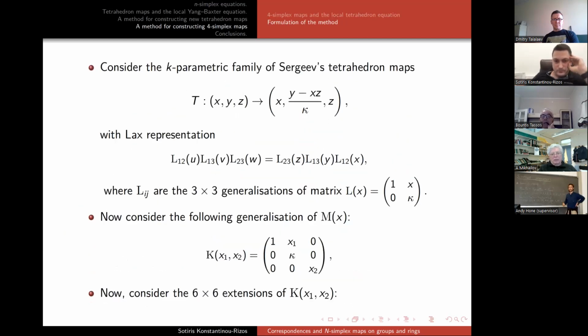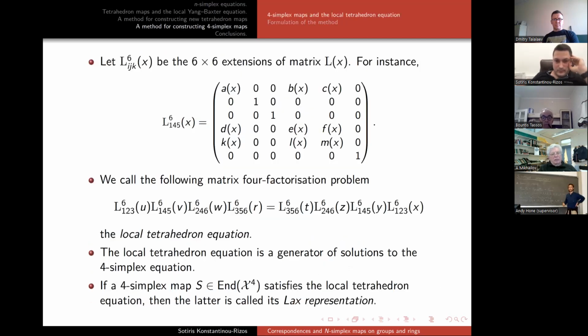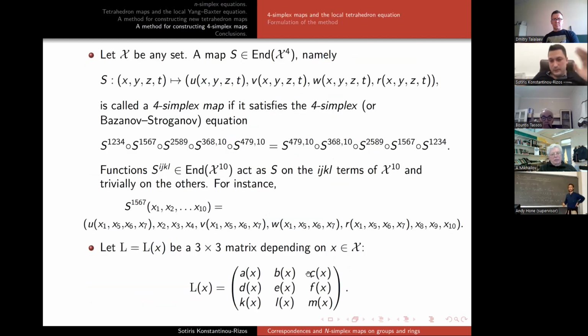We know that these 3x3 matrices generate 4-simplex maps via the local tetrahedron equation, and the idea is to classify all these matrices, to classify solutions of the local tetrahedron equation.